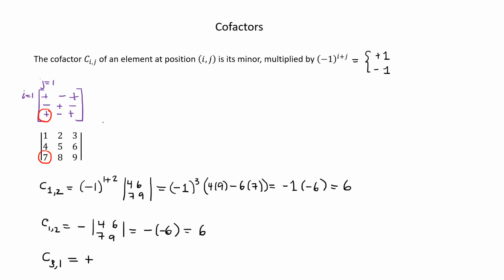So I've got plus the minor of 7. Remember, we calculate this minor by crossing out the row and column containing 7, and this leaves us with the matrix 2, 3, 5, 6, whose determinant we're going to find. So we get plus 12 minus 15, which is -3. All right, this is the cofactor.